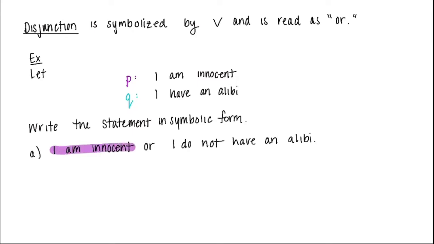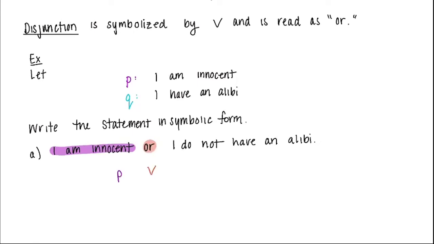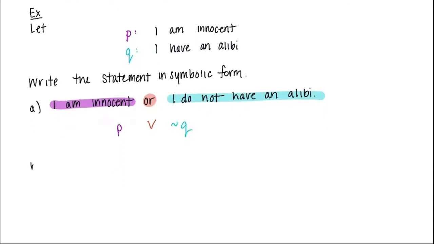So I am innocent is exactly our phrase P. The or is going to be our V symbol. And then the statement I do not have an alibi is the opposite of I have an alibi, so this is not Q. Do one more. We'll say I have an alibi, or I am not innocent.